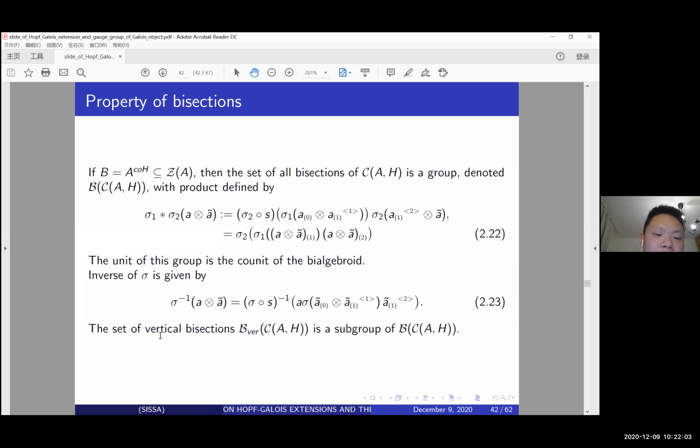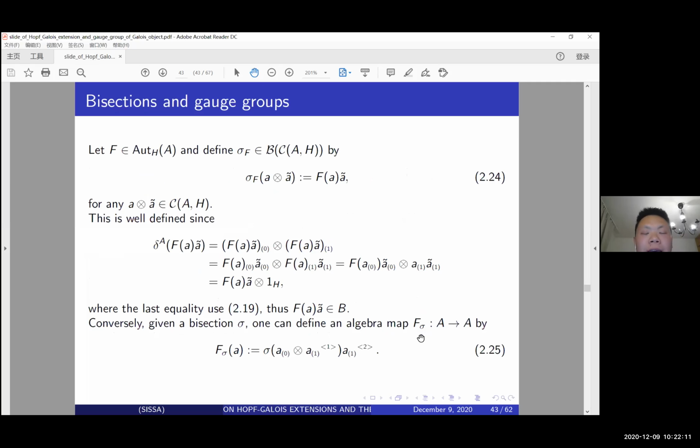Of course, the subset of the vertical bisections forms a subgroup of the bisections. Okay. So now we have introduced two groups. On one hand, we have the gauge group on the Hopf-Galois extension. On the other hand, we have the group of bisections on the corresponding Ehresmann-Schauenburg diagonal point, and both of them are groups under the condition that B belongs to the center.